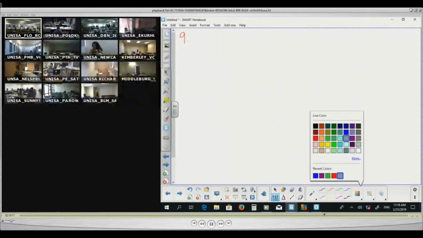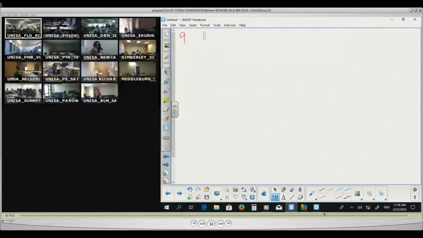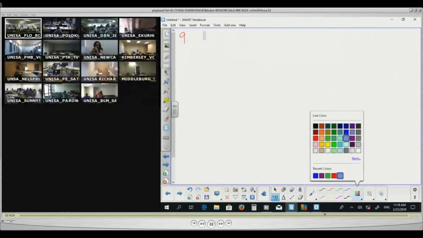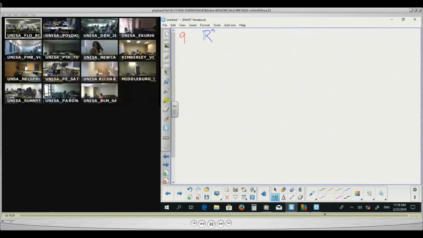Suppose we have any Rn. Remember when I write this X, I mean that this is an n tuple of real numbers, which looks like this.